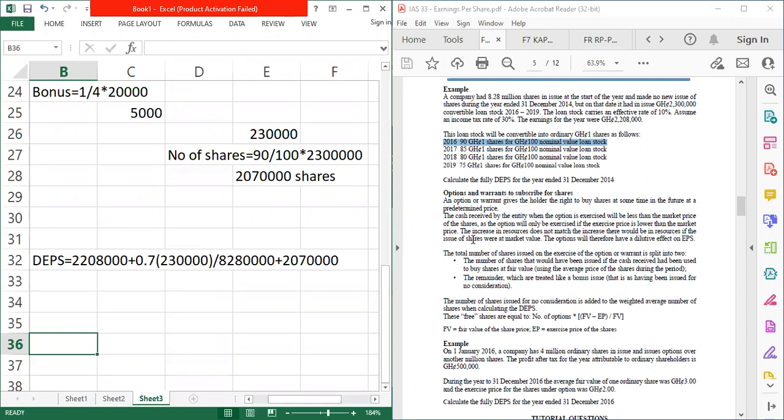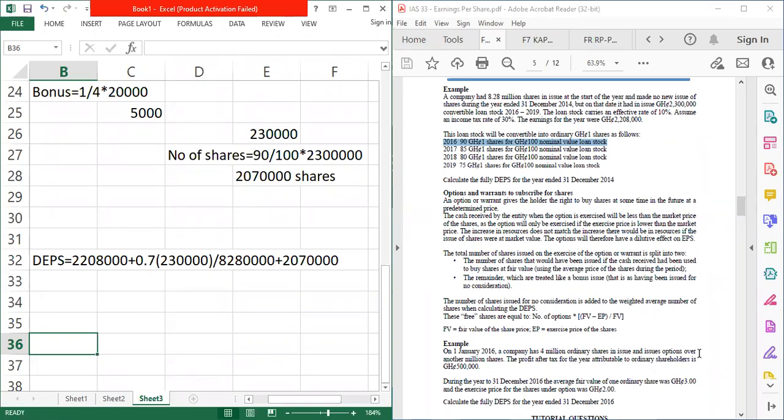The only thing we do is wait until they pay for the shares before we increase our shares. But we are doing this at a price lower than what it should be, so we assume that the difference is a bonus issue. So we take the effect of the bonus issue on our current earnings. That is basically what we do.